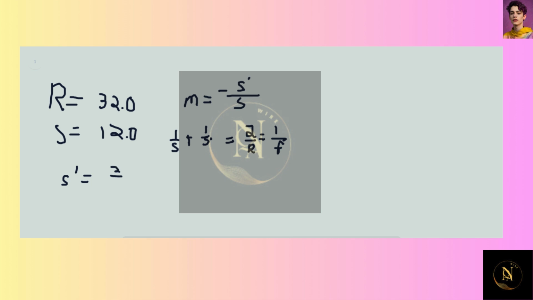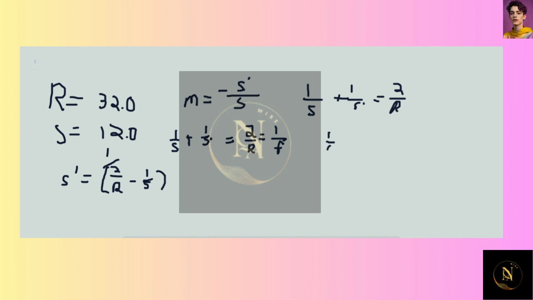So we get s prime is equal to 2 over r minus 1 over s, all under 1. And I'll do this real quick. So we have 1 over s plus 1 over s prime equals 2 over r.